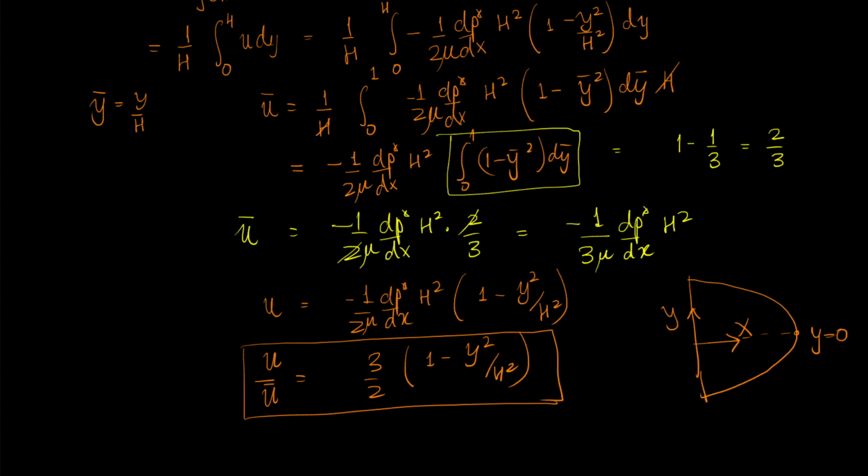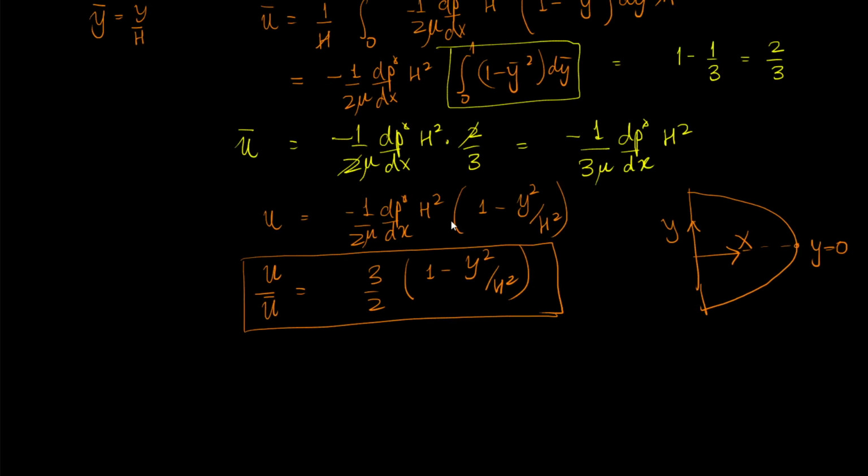If we substitute y equal to 0 over here, we will obtain u max upon u bar equal to 3/2, and that means the average velocity is 2/3 of the maximum velocity.